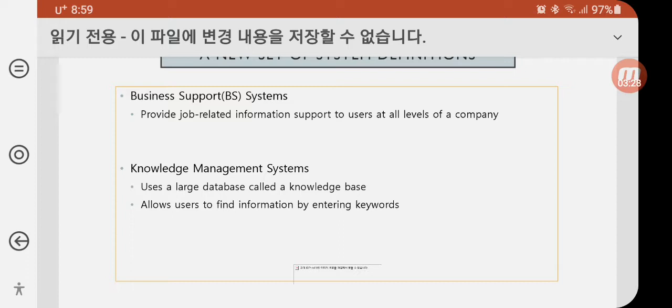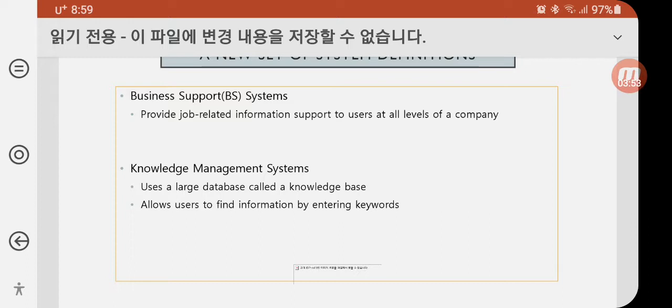Business support systems provide job-related information support to users at all levels of the company. They can work hand in hand with a TP system. RFID technology uses high-frequency radio waves to track physical objects.